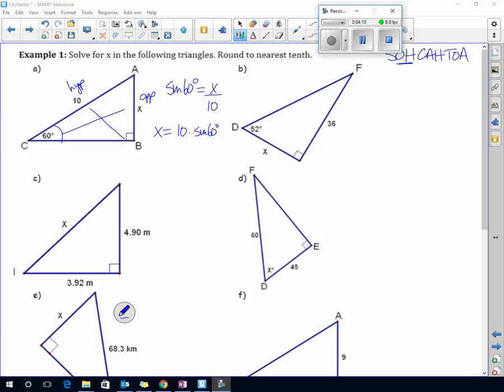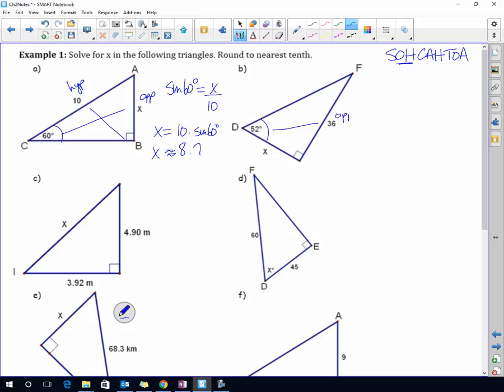So let's do the next one. We have our angle in question. This would be our opposite, and this would be our adjacent. So what trig ratio has opposite and adjacent in it? Well, that would be tan. So we set up tan 52 degrees is equal to 36 divided by x. Now, in order to get x in its numerator position, we are going to interchange these two around.